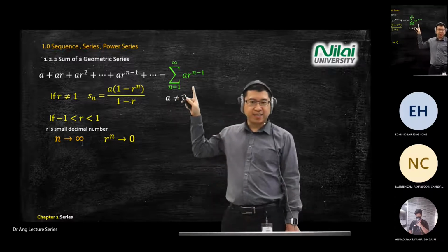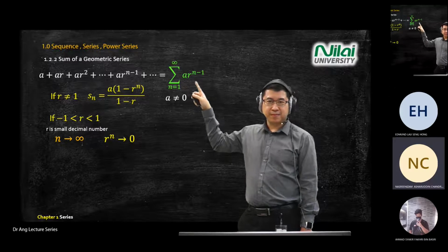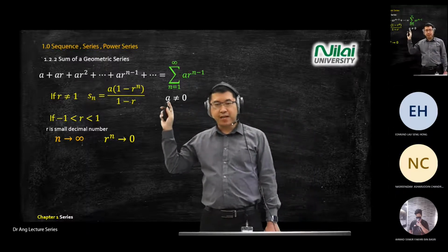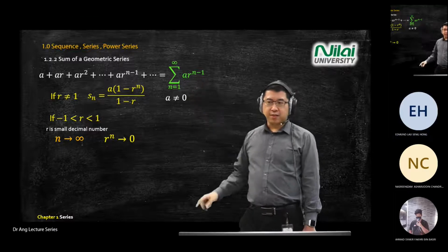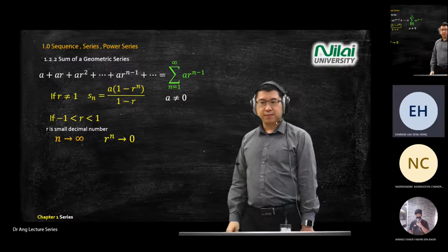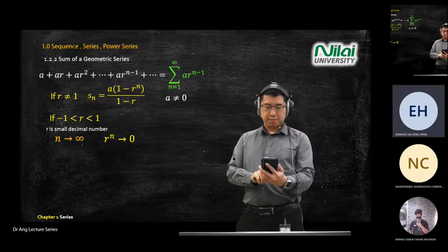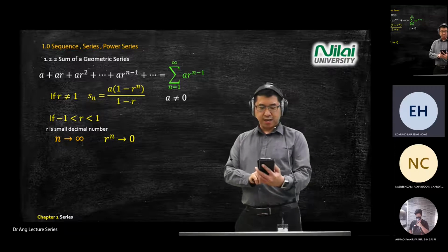Nizam, what do you get? For 0.999 to the power of 1000, I get 0.367. Okay, 0.367. Let's wait for the answer from Edmund. Edmund, you do the power 10,000. 0.999 to the power 10,000.